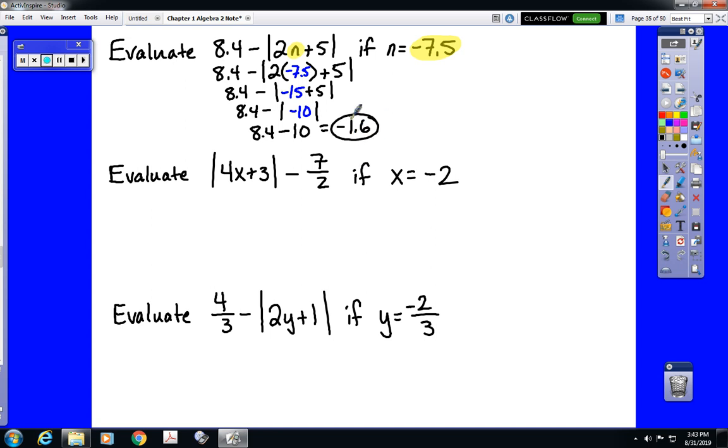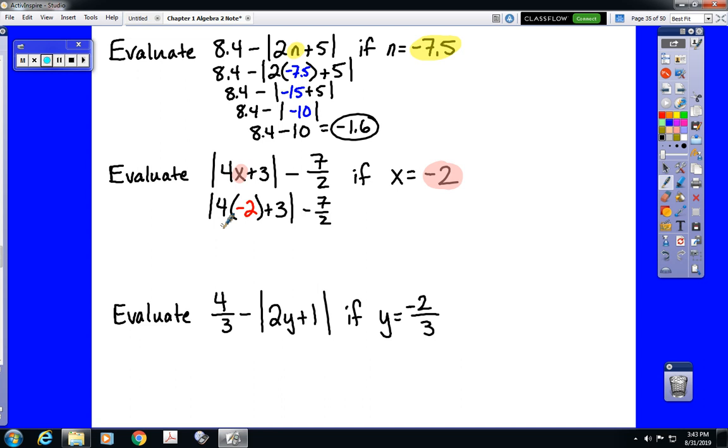Let's do another one and see if we can keep from messing up. Negative 2 is going to go in for x. So we have the absolute value of 4 times negative 2 plus 3, minus 7/2.